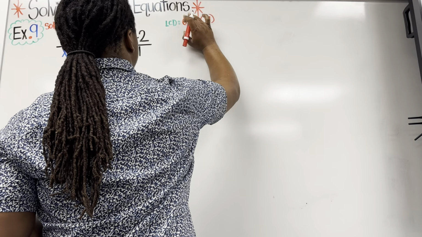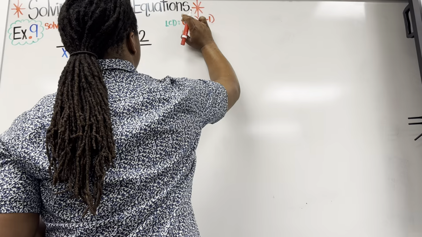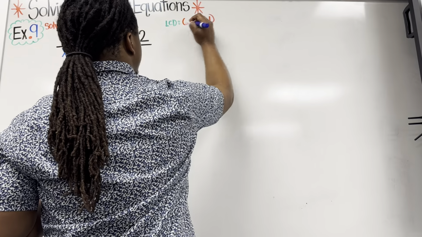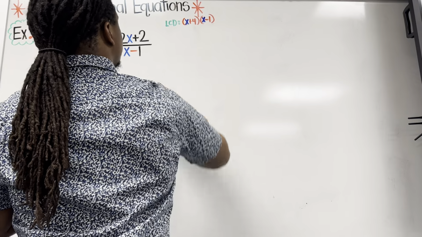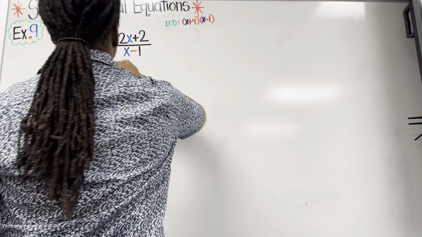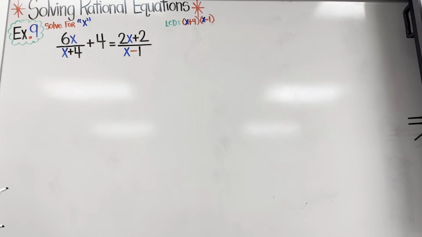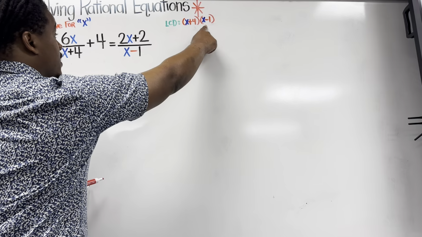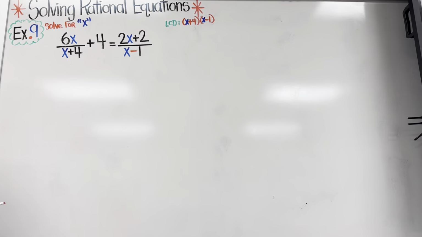Parentheses x plus 4 times parentheses x minus 1. Of course, 4 is 4 over 1 as a fraction. I could put times 1, but that's not going to do anything, so I'm just going to leave it like that. So once again, our LCD is parentheses x plus 4 times parentheses x minus 1. That's how we can make everything have the same denominator.